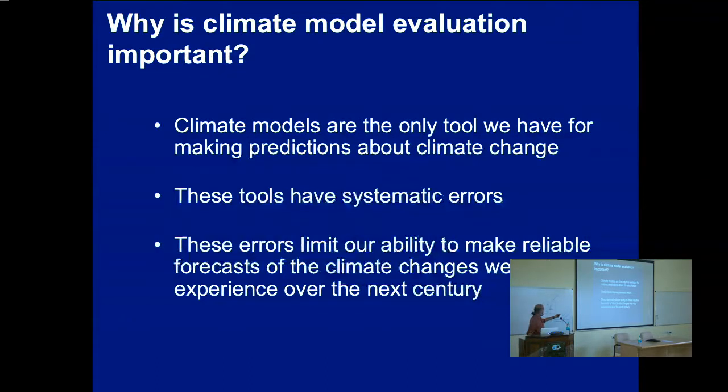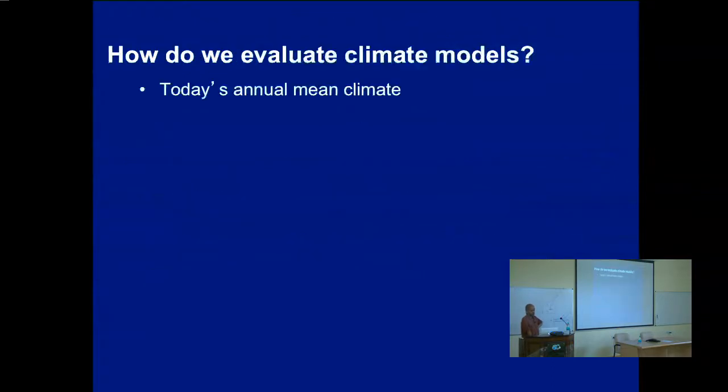So because of these reasons, and in our context, the ability to estimate what we call internal variability correctly, right? That's why we do a rigorous model evaluation. Okay? Model evaluation is, we look at, okay, is the mean climate being simulated?